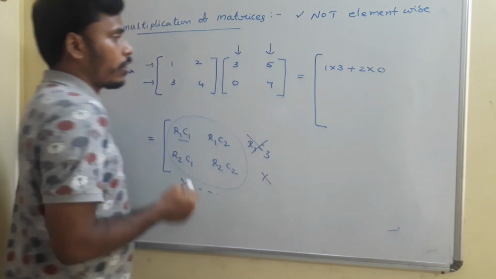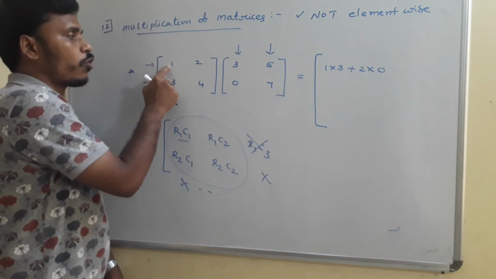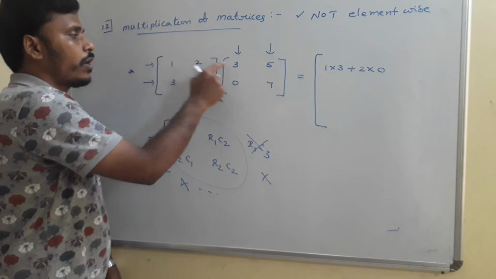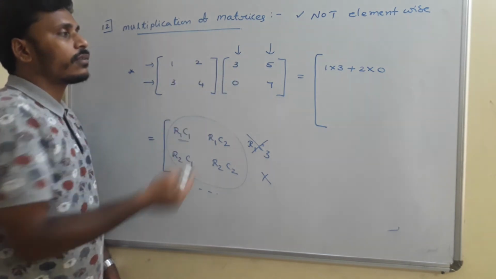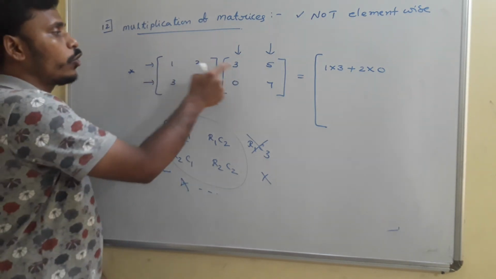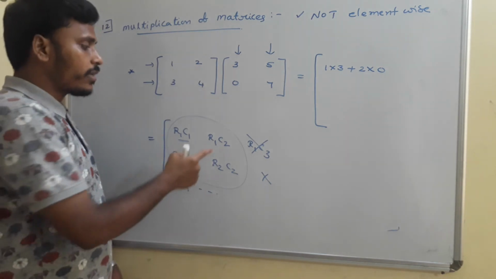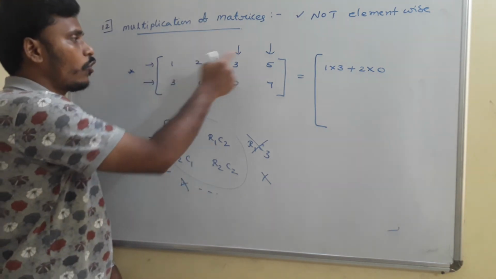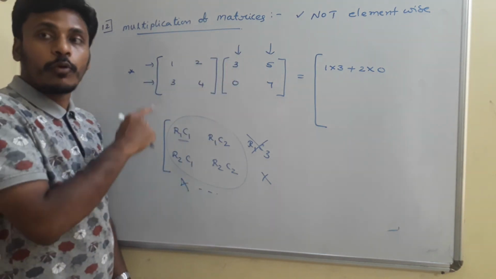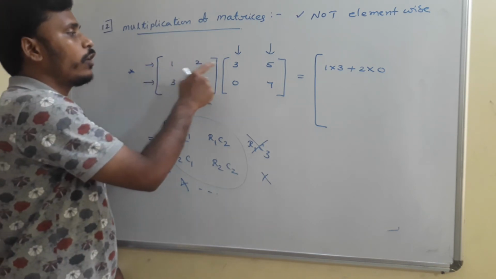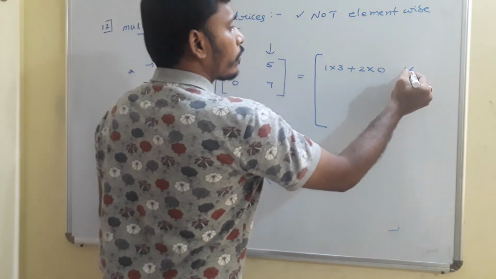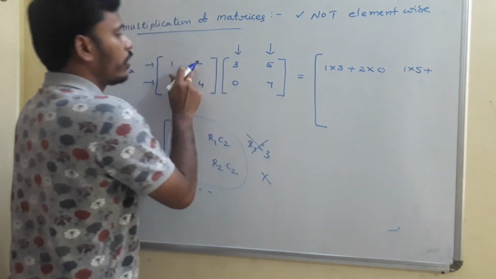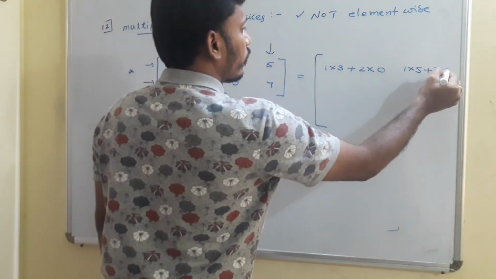First row and first column. You just multiply the first row and first column corresponding elements and then add the results. Okay, 1 into 3 plus 2 into 0. Whereas this is R1 C2. First row, second column. Again correspondingly multiply and then add: 1 into 5 plus 2 into 7.